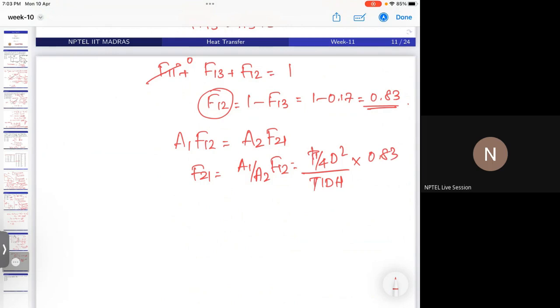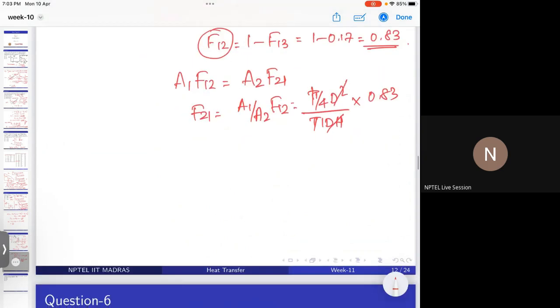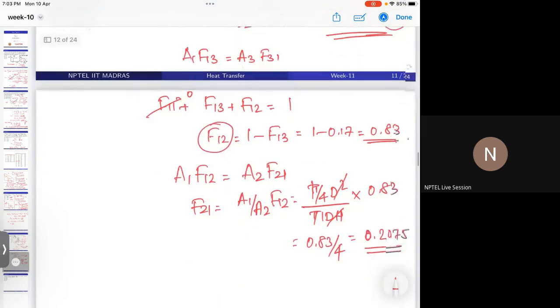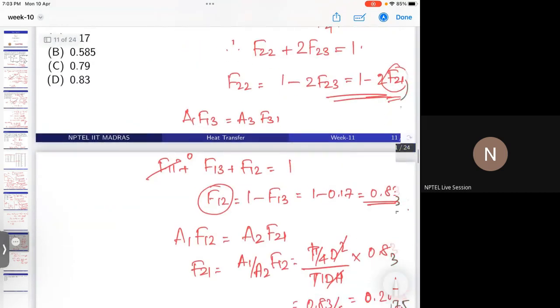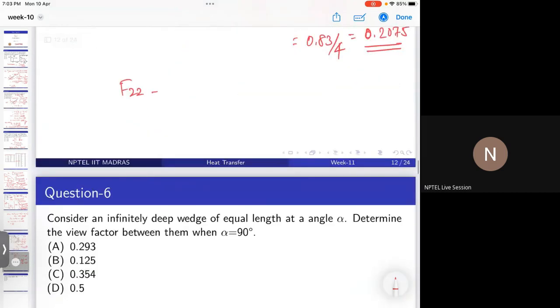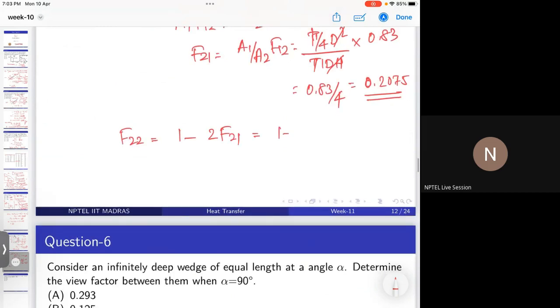So pi cancels, and d and h are the same, so it will become d square, that will cancel. So 0.83 divided by 4 comes out to be 0.2075. Now we got F21, so just substitute back in this equation. The required F22 is 1 minus 2 times F21, which is 1 minus 2 into 0.2075. Can you please calculate this?